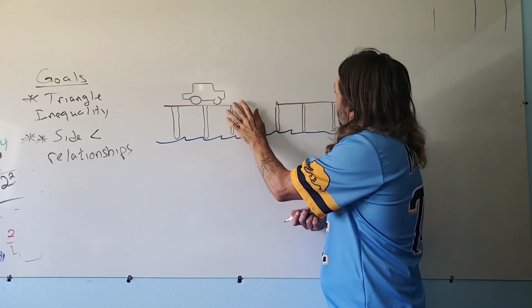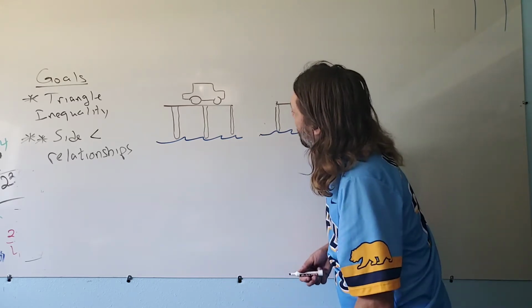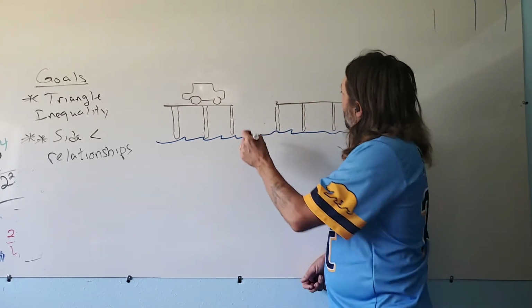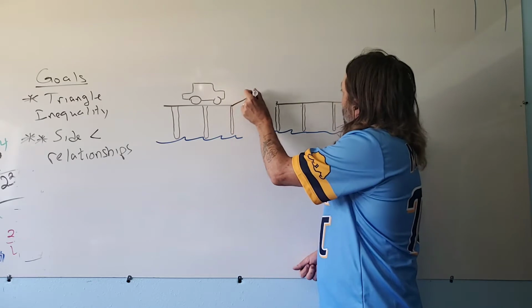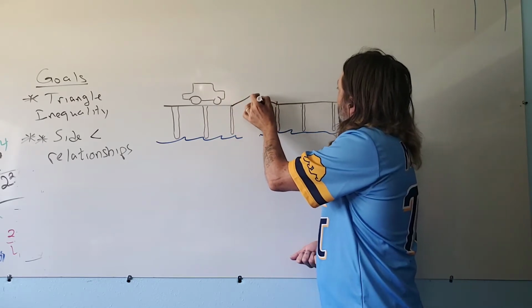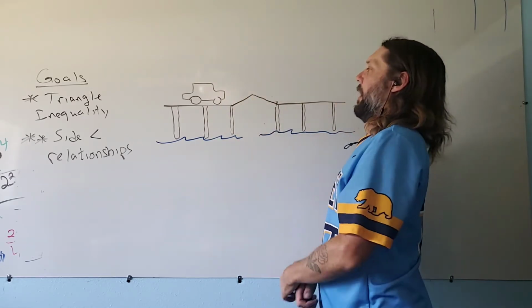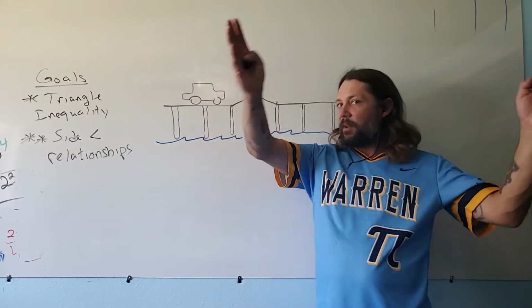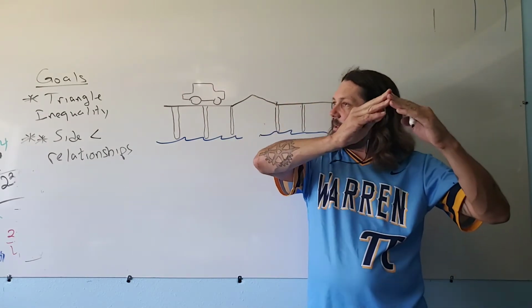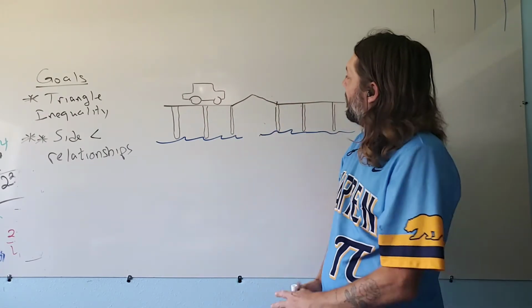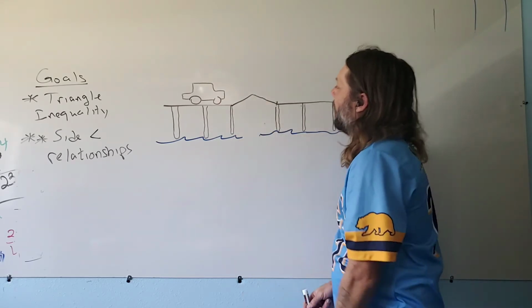Now, the other possible outcome is that this length on this side and this length on this side were made too long. And if they're made too long and they come down at the same rate, they meet and they form a bump, right?